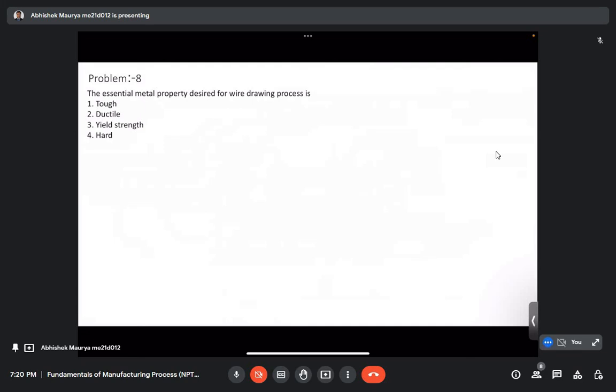So, the question is: the essential metal property which is desired for the wire drawing process. What we do in the wire drawing process, as we have discussed in the earlier question, is that initially we have some bar, and from the bar we try to manufacture a wire of thin cross-sectional area.